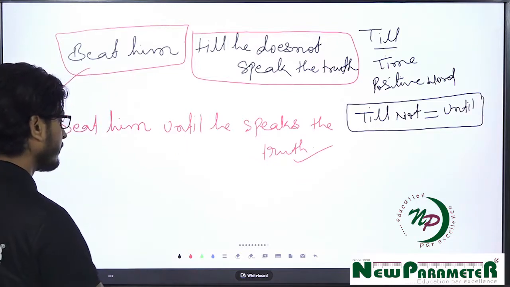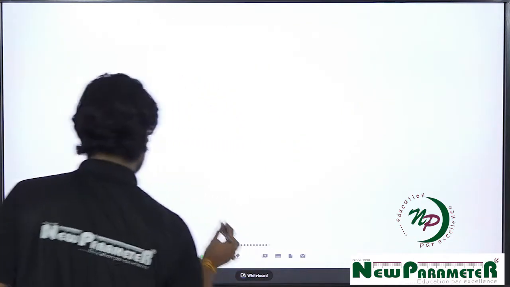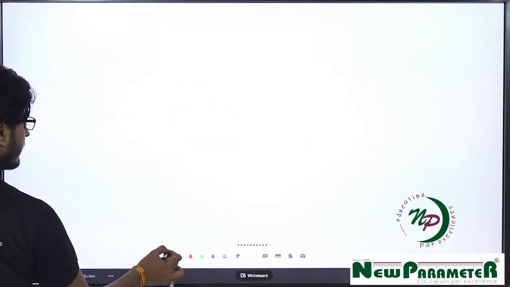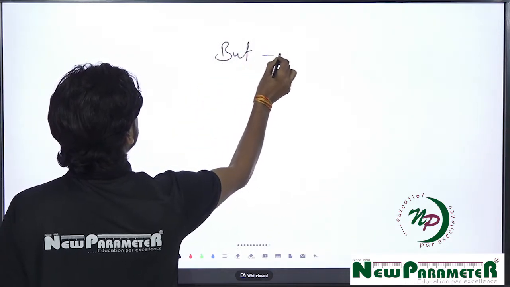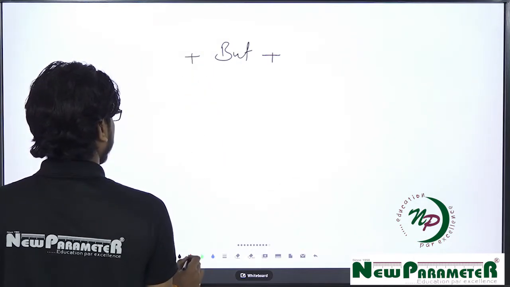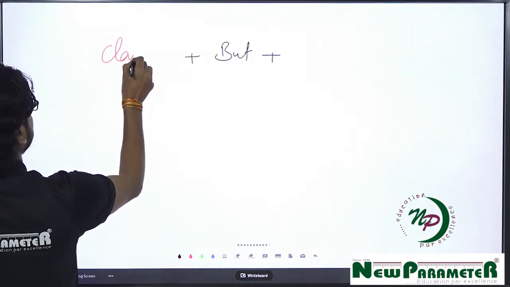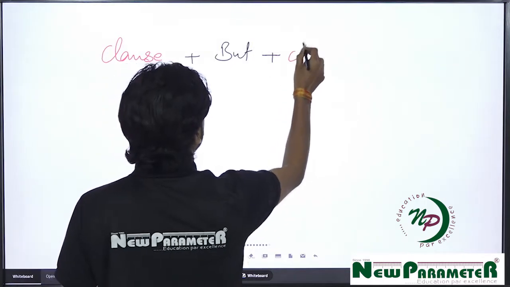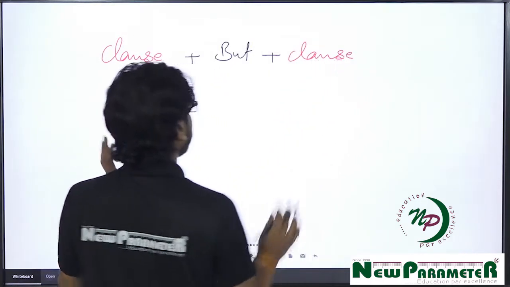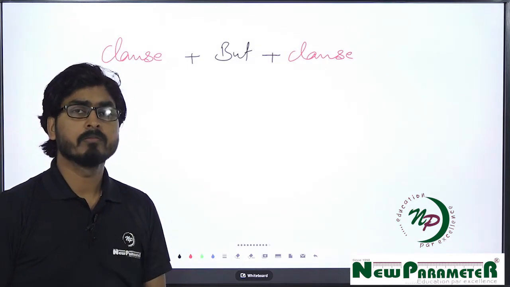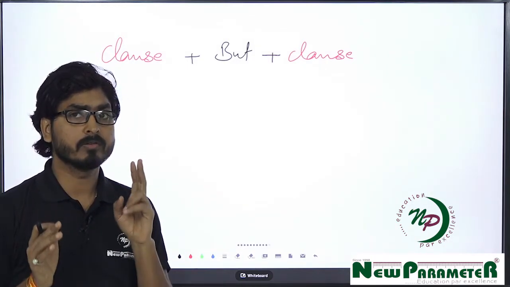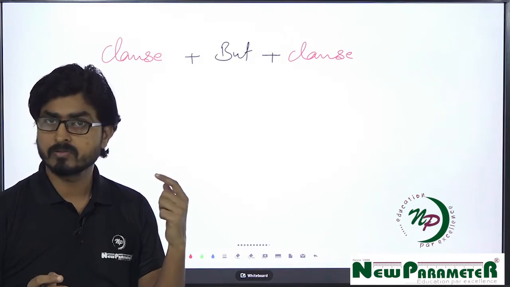One more thing I would like to tell you, that is a very easy conjunction, that is but. It is very easy because but always connects two clauses in contrast to each other. Once again, but connects two clauses in contrast. Contrast means what?